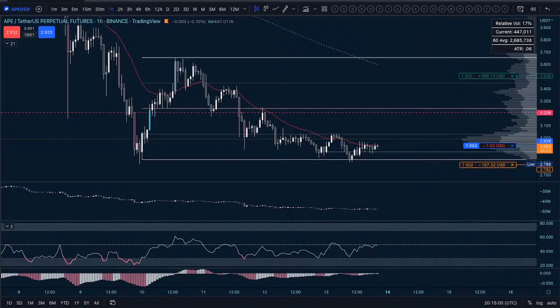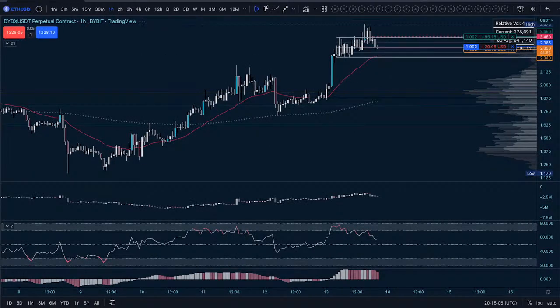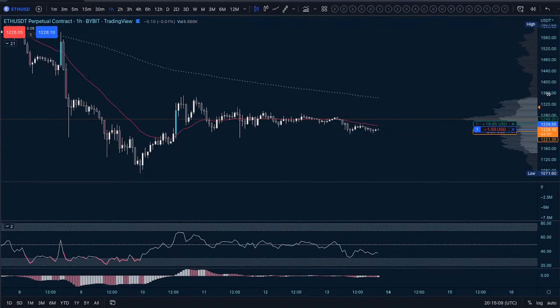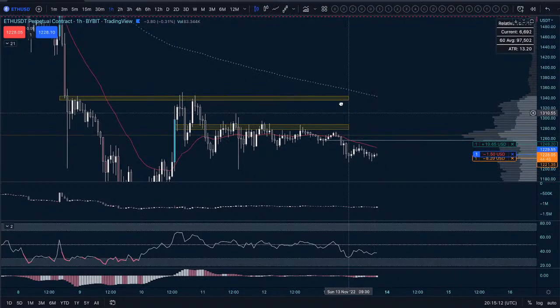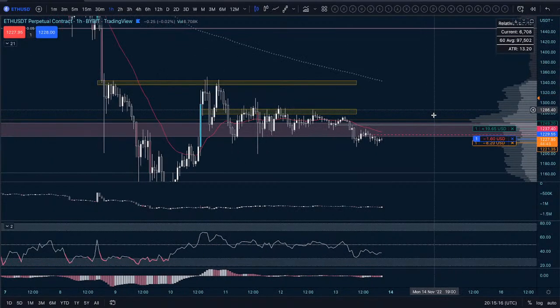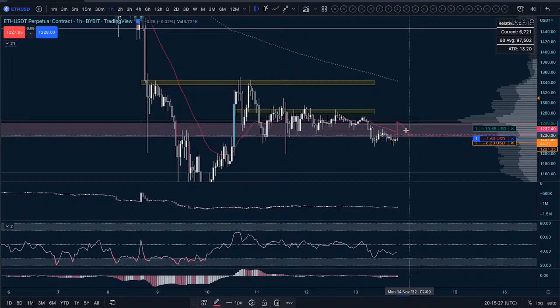Let's see how the others are doing. DYDX should be my, yeah. This guy also. Because technically there are no longs here. A better long would be to break off this, come back down, hold above pink, and then you want to go long. In here it's still an asset that is under resistance.